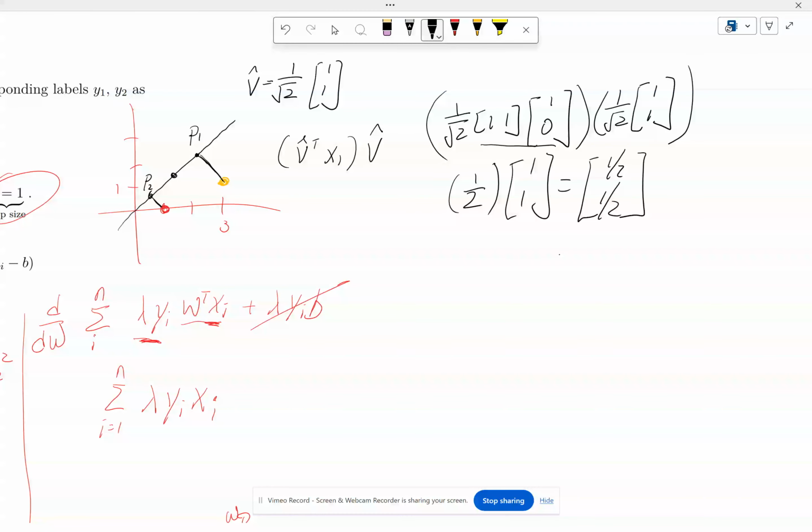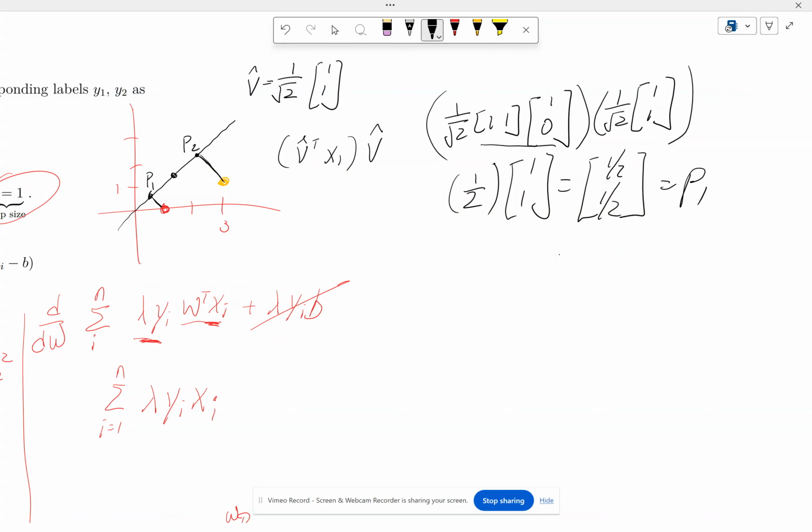Okay, so this should be where this point is, 1/2, 1/2. I kind of screwed it up, this should be P1, P2. So that is P1.